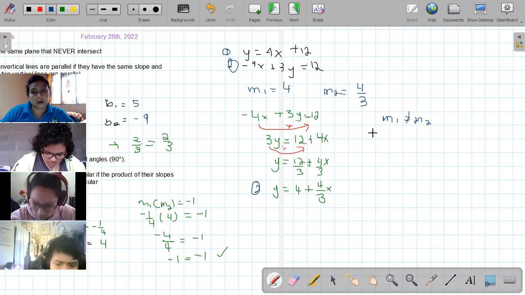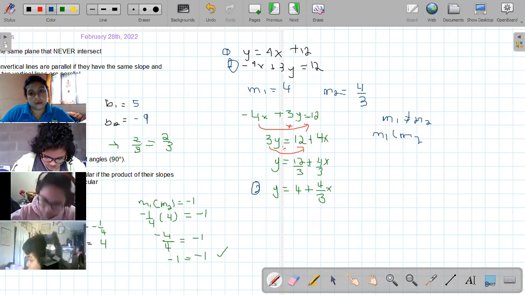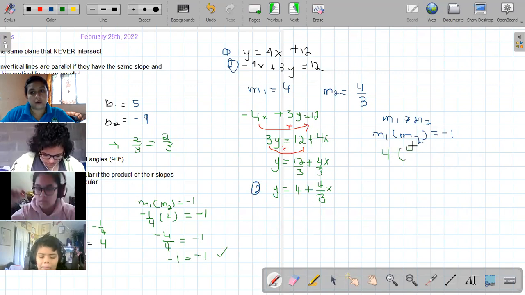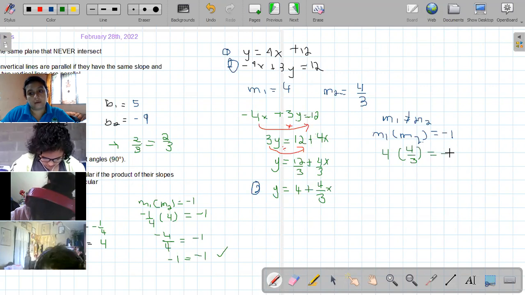Now I'm going to see the other one for the perpendicular when M1 times M2 should give me -1. I'm going to do it in green as well. So M1 is 4. M2 is 4 over 3. And this is supposed to be equal to -1.